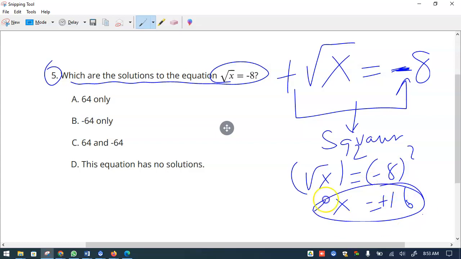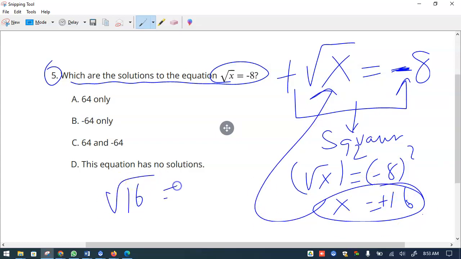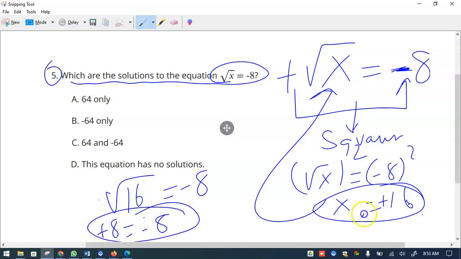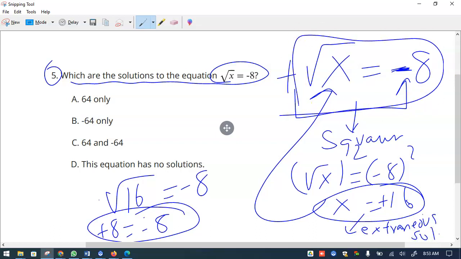And if you want to really check whether this is right or wrong, you just put this inside, and the right side is minus 8. So this becomes plus 8 on the left, and on the right it is minus 8, so that's wrong. So this could be an extraneous solution. So for this kind of equation, there is no solution.